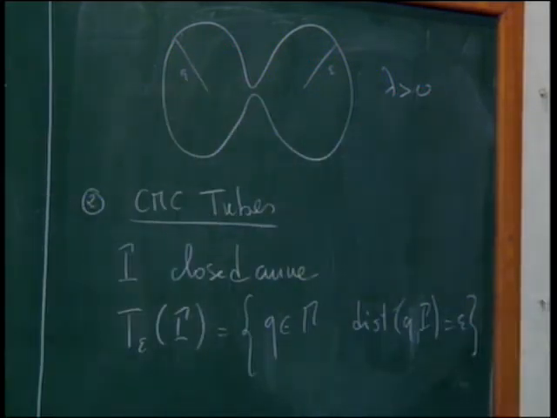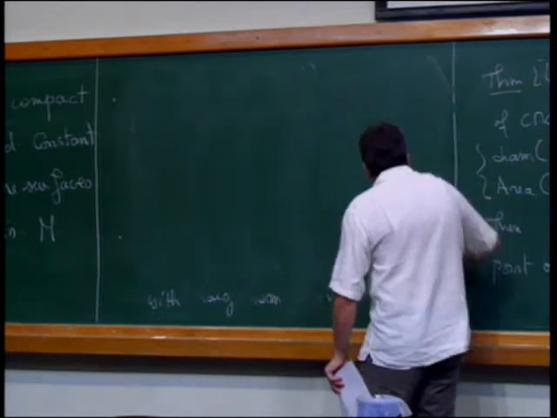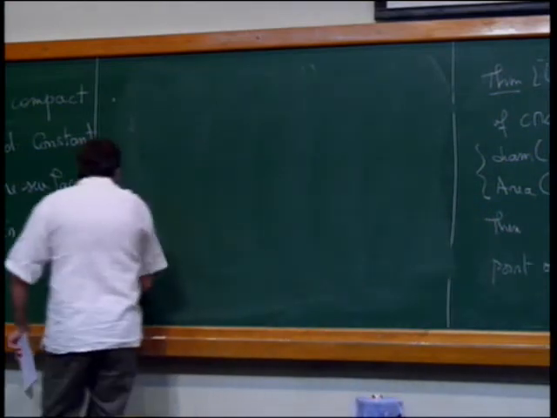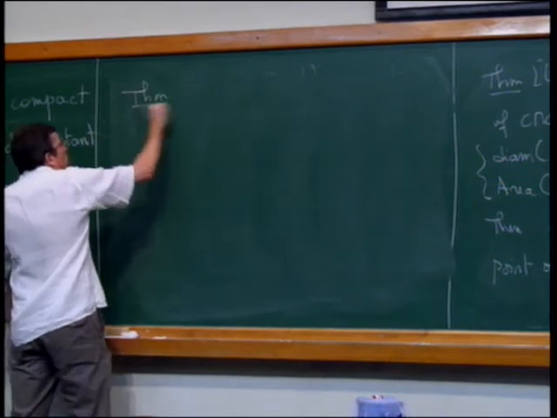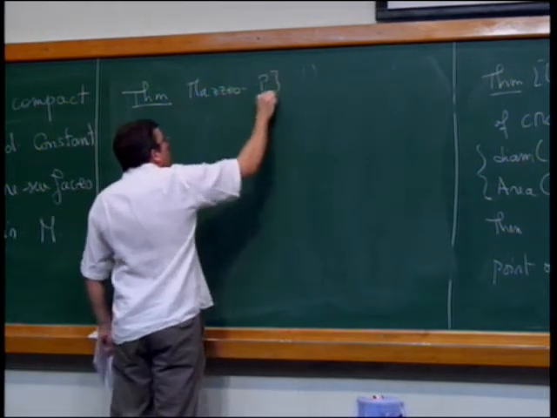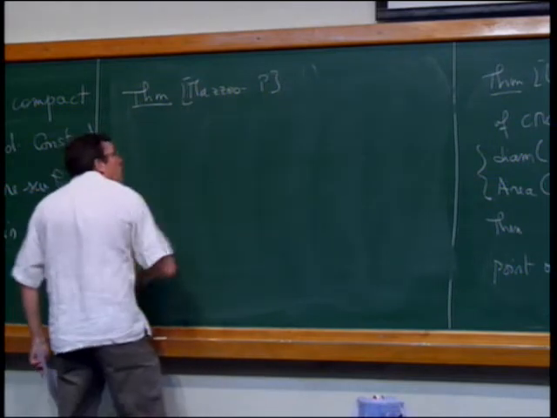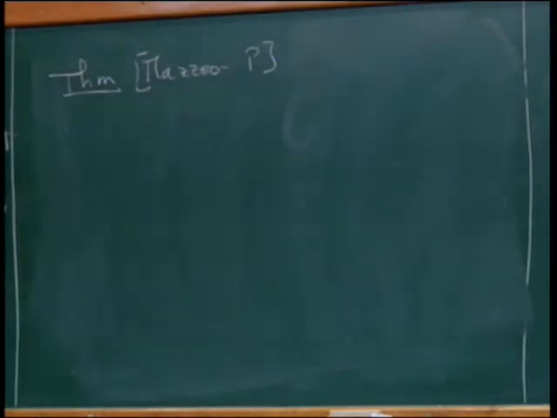And so the result is the following. There is a theorem by Mazzeo and myself in this case. In higher dimension we needed a third person because we were not smart enough to do it, but in dimension 3 we could do it.